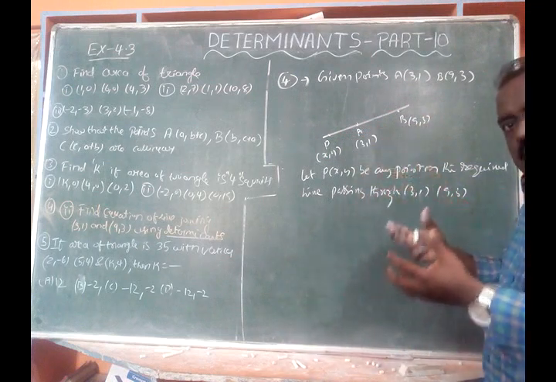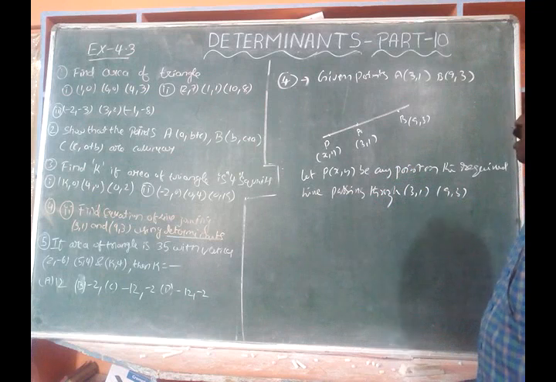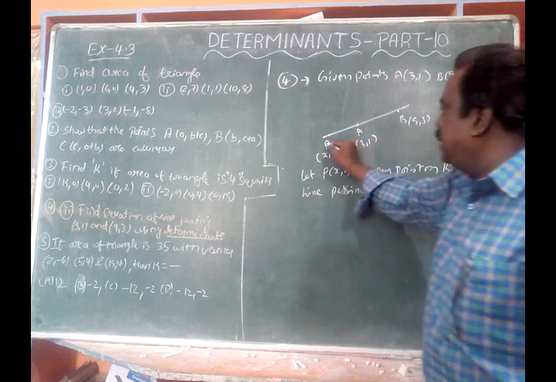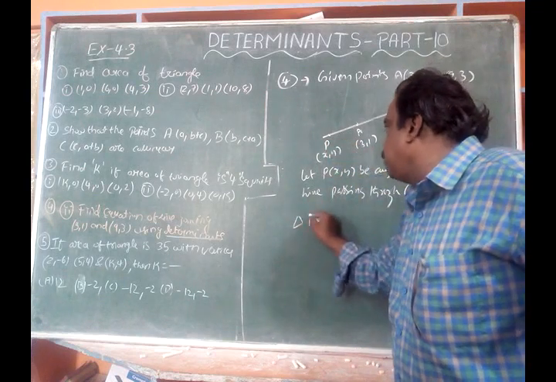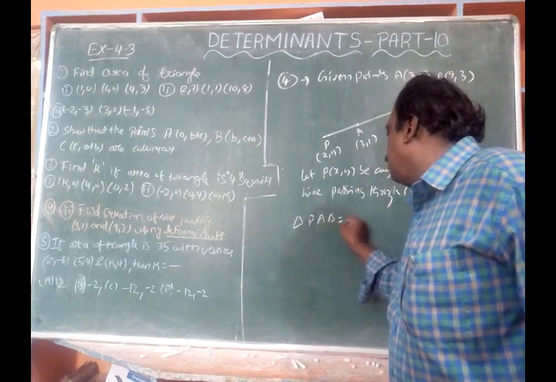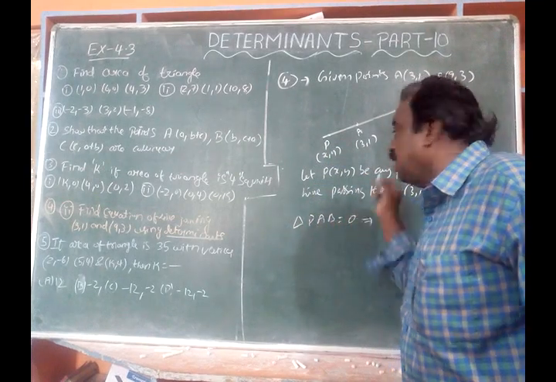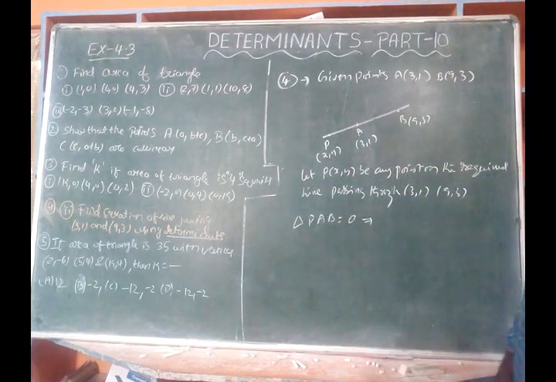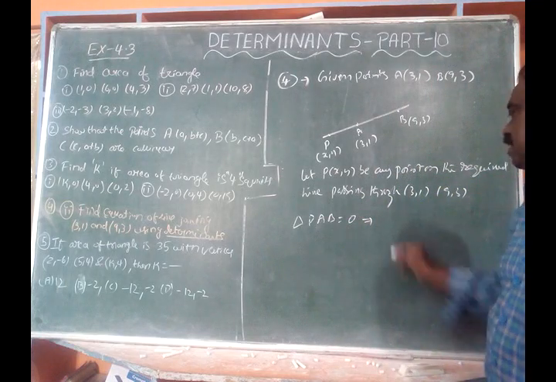Moreover, here the area of triangle PAB is equal to 0, because the triangle will not be formed since those points are lying on the line.